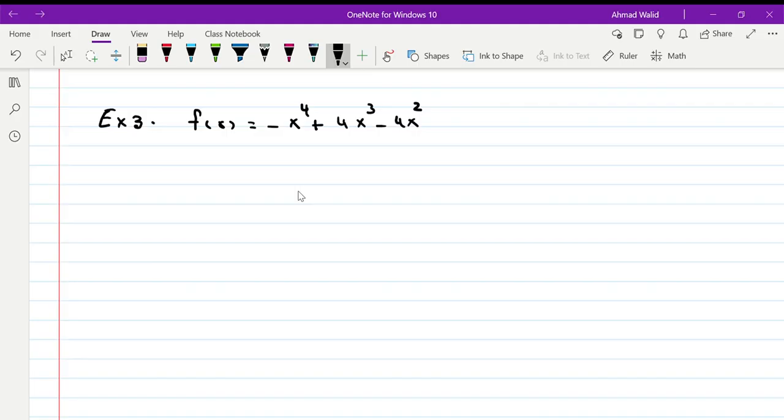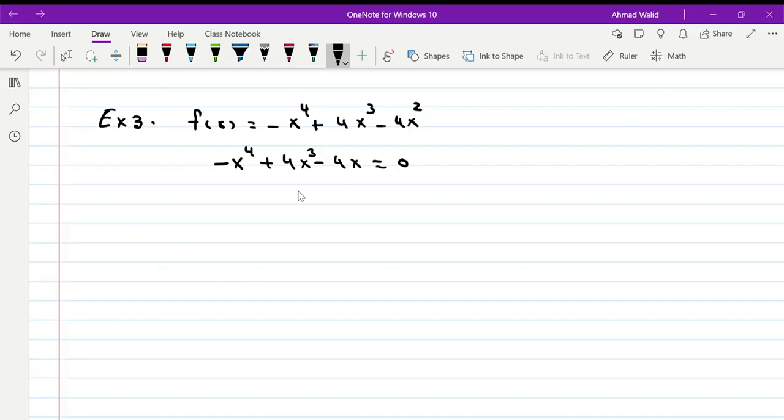As we discussed, to find the zeros of this polynomial function, I'll set this polynomial function equal to 0. Negative x to the power of 4 plus 4x cubed minus 4x squared equal to 0.